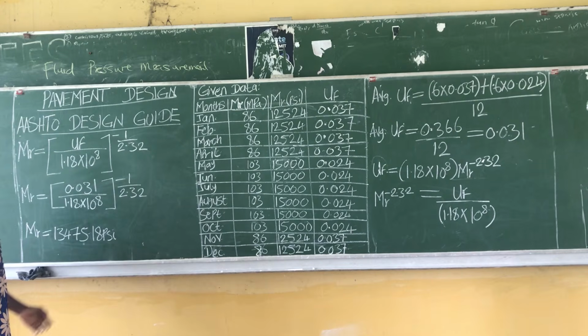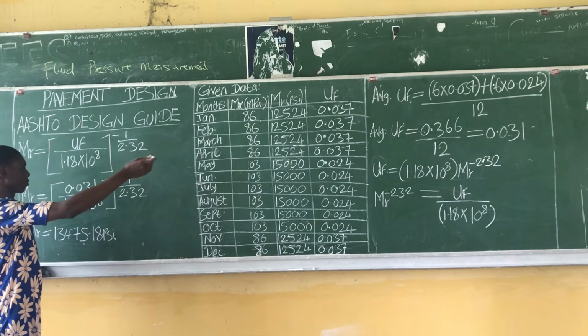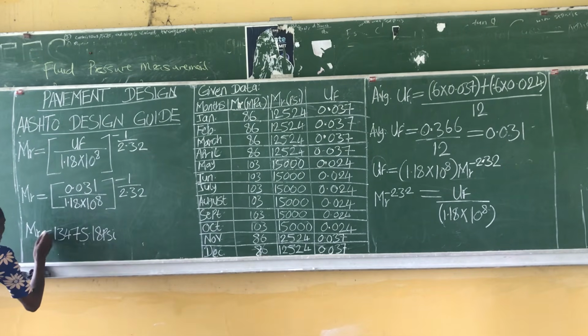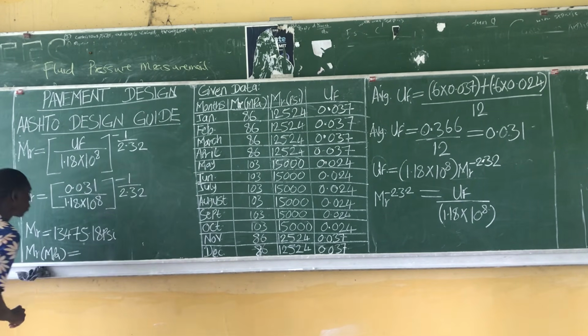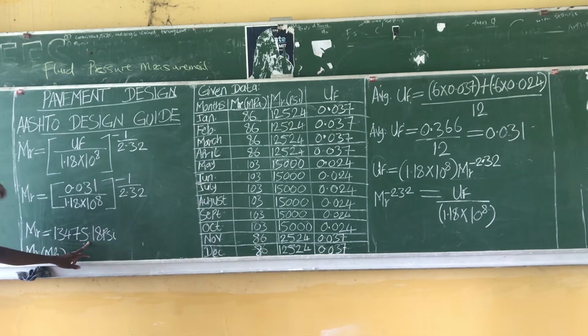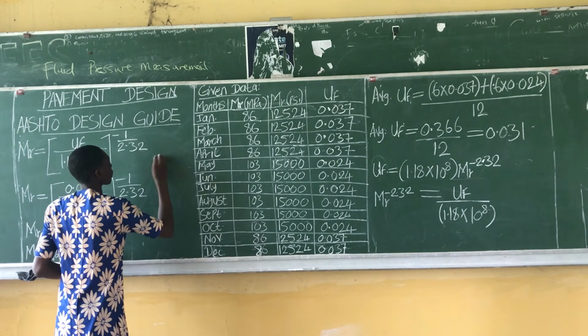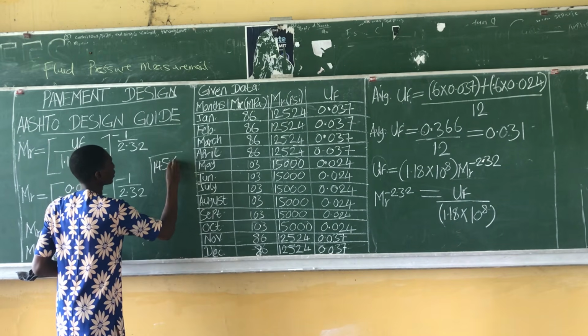So if you wish to convert this to megapascals, we simply divide it by the given conversion factor. So our MR in megapascal is simply equal to this expression divided by, remember we are given a conversion factor of 145.63.